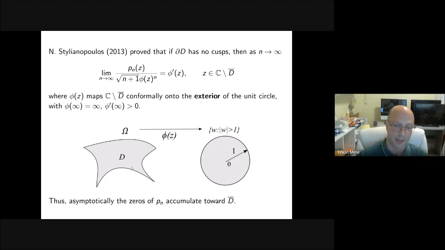So where exactly we are going to see, right? But that's something that follows from this asymptotic formula.